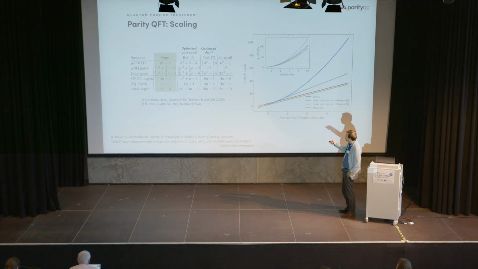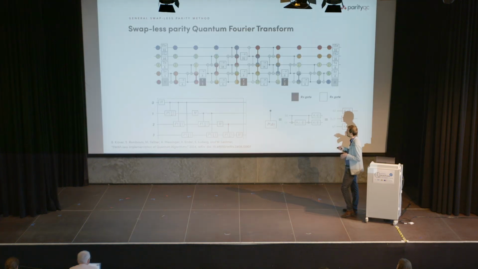And what we have achieved is to optimize for both, the CNOT count and the depth, at the same time. So this is really a new version of the Fourier transform, which beats all the previous attempts, in this case on a linear chain without overhead in the qubits.